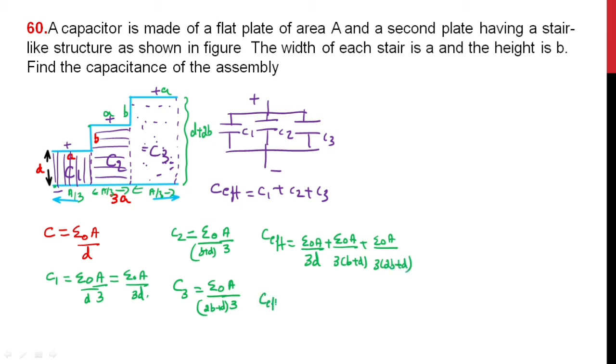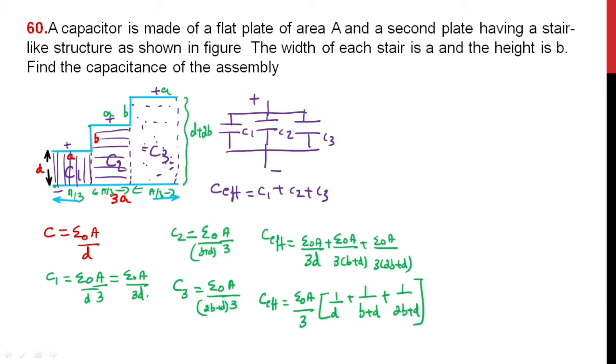Epsilon 0 A divided by 3 can be taken as common. Then 1 by D plus 1 by B plus D plus 1 by 2B plus D.